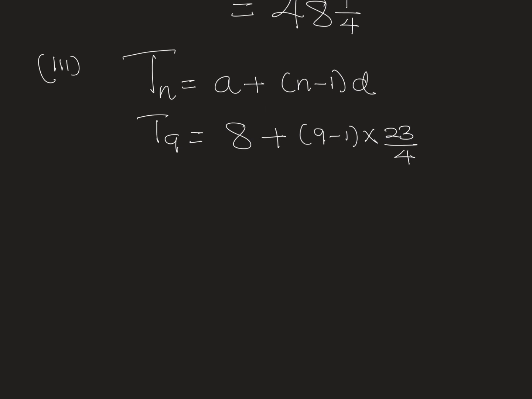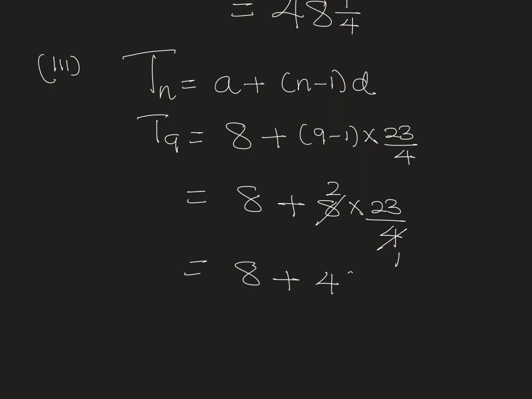Yes. So that is going to be 8 plus 9 minus 1 is 8 times 23 over 4. So 4 goes into 8 two times. So we're going to have 8 plus 2 times 23 is 46. So 8 plus 46 is 54. And that answers the question.